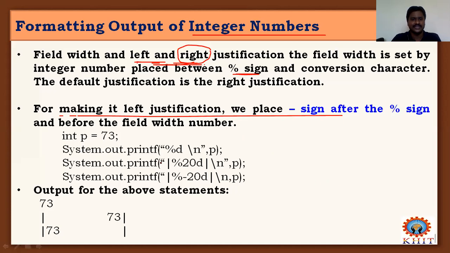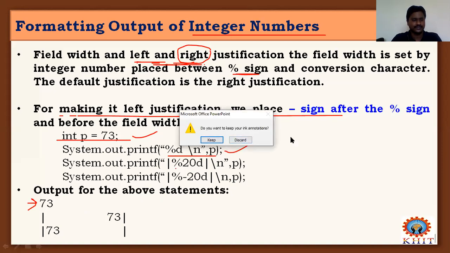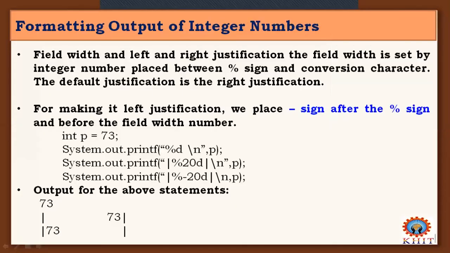See here, for example, input p equal to 73. When we are displaying on the screen using printf, we use a simple statement like this. But if I want to make this right justification, just use %20d.